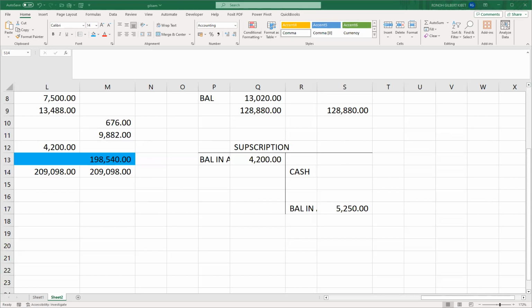It will be a total of 50,850 on the cash. That is the total. And then the balance. The balance will be.